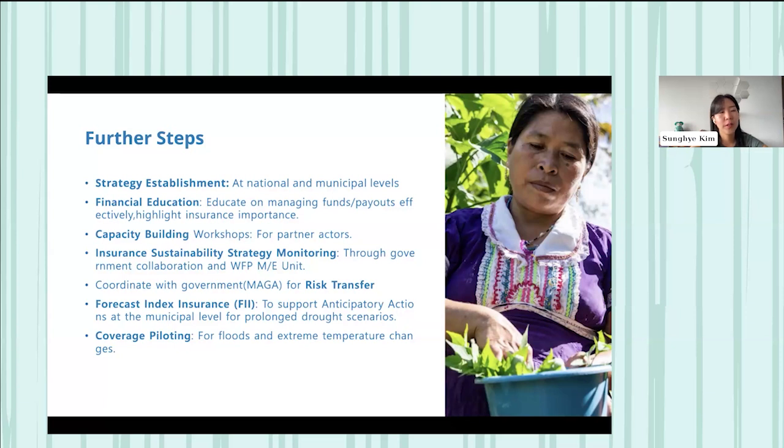So we are collaborating with the International Research Institute for Climate and Society, utilizing NextGen weather and climate forecasting technology as a primary data source. This insurance model can be seamlessly integrated into the implementation of anticipatory actions, allowing for approximately 45 days of advance warning and response measures before an event occurs.